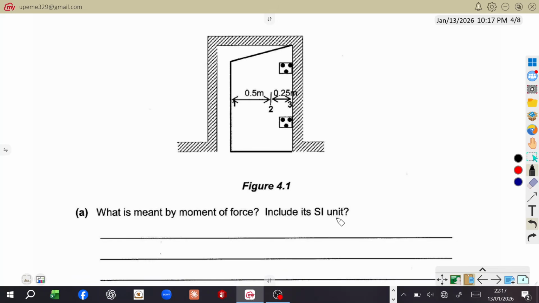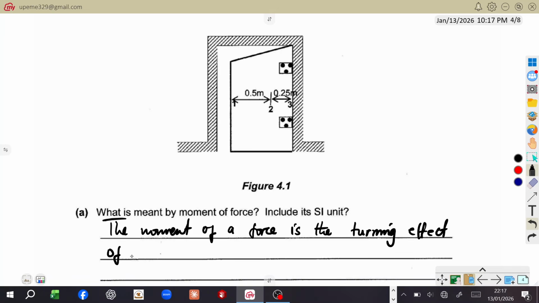Then they said include its SI unit. So you can say the moment of a force is the turning effect of the force.